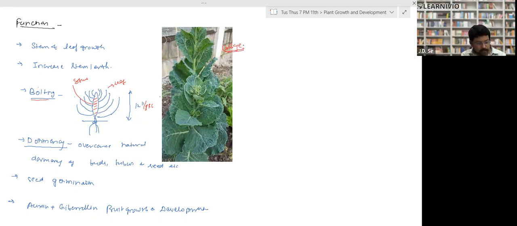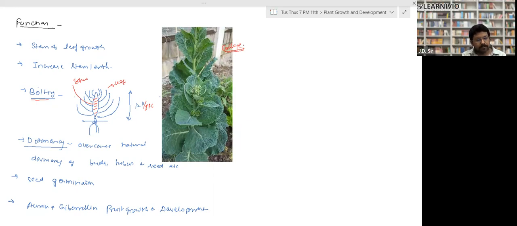It is responsible for bolting in genetically dwarf plants. Next point.